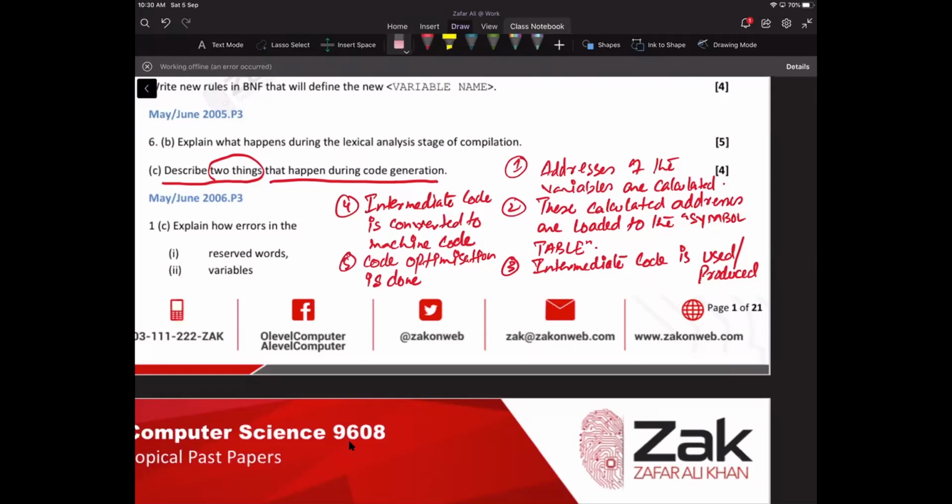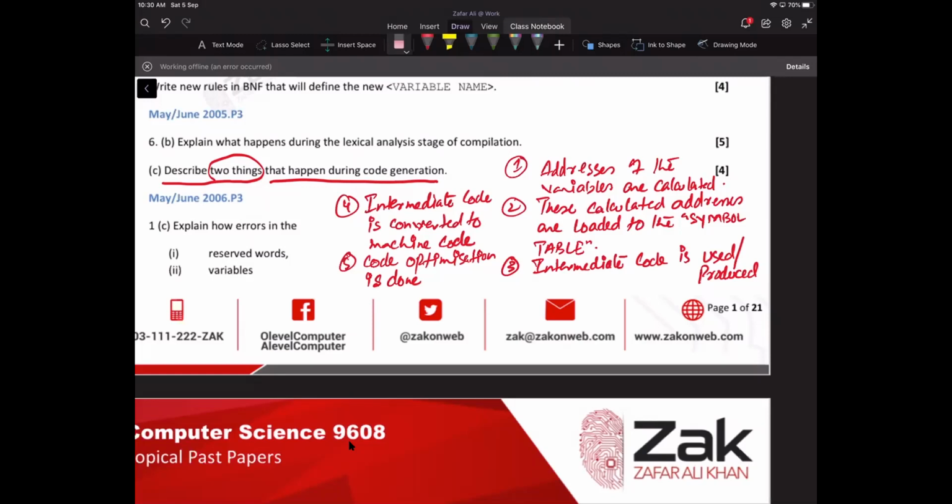Messages are thrown over the screen so that you have an idea, and if it is a spelling mistake, you can correct it. Every word is checked against the keyword table. If it is found, it is good. If it is not found, there are two possibilities: either that word would go to the symbol table, or sometimes errors are generated. Spelling mistakes are removed at the stage of lexical analysis.